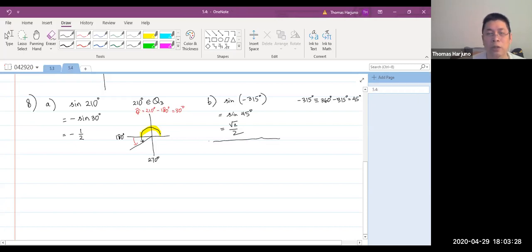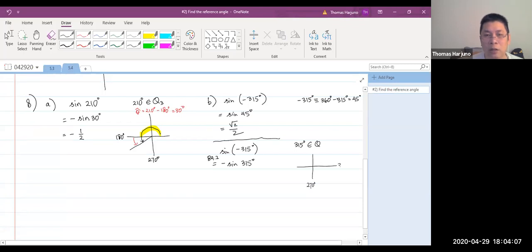Now, there's another way to do this. It's a bit longer, but we may learn even more. That's a negative angle, right? The sine of a negative angle, according to the basic identity, sine is an odd function, so sine negative is negative sine. But then this 315 degrees is in which quadrant? Looking at the picture, 315 degrees is between 270 and 360.